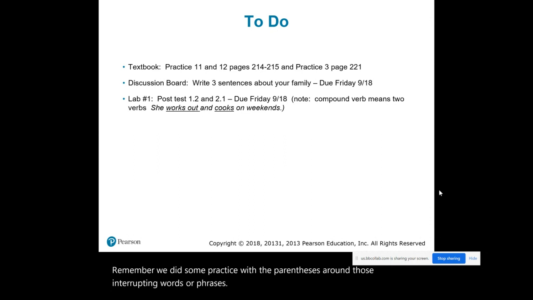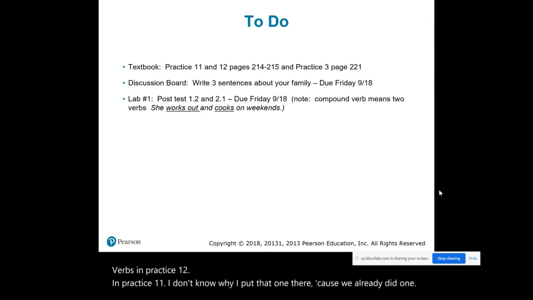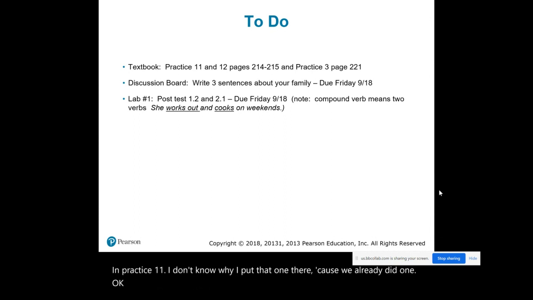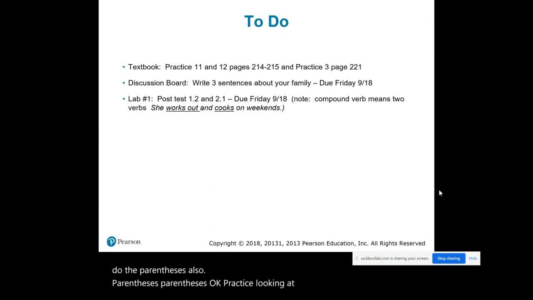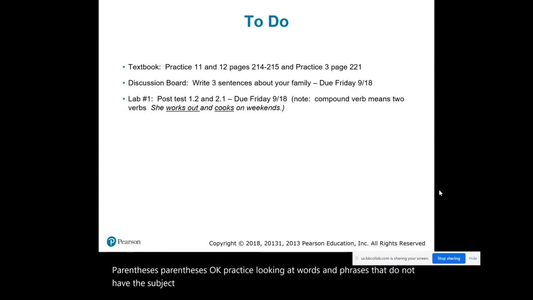You remember we did some parentheses. So you're going to use your parentheses and try to identify the subjects and verbs in practice 12. In practice 11, I don't know why I put that one there because we already did one. Maybe because practice 11 has prepositional phrases. So that one, you guys can do the parentheses also. Practice looking at words and phrases that do not have the subject and verb in them.